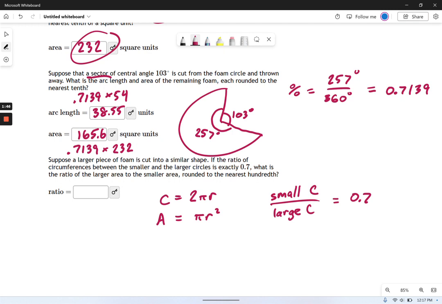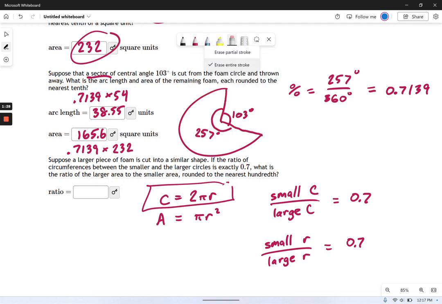The larger circle has a bigger circumference. Then that means small r over large R is also equal to 0.7 because this is a linear equation. That means any change you make to R or C is going to be proportional to the other one.